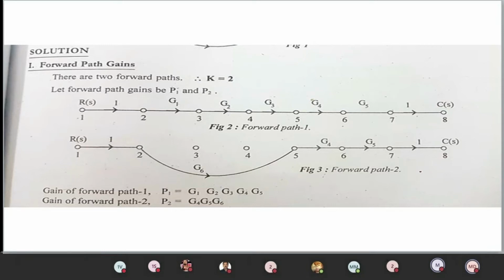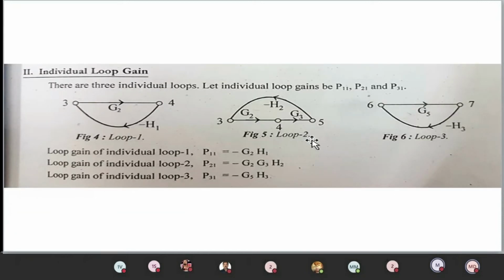The gain is G4, G5, G6 into 1 into 1. So G4, G5, G6. Okay. Next, individual loops. Minus G2, H1, this is individual loop 1 gain. Minus G2, G3, H2, individual loop 2 gain. Minus G5, G3, individual loop 3 gain.